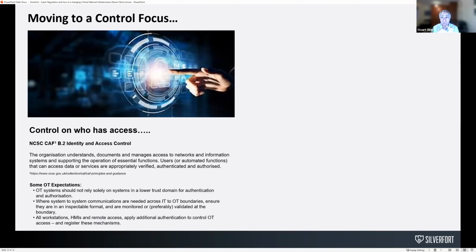In addition, key workstations, HMIs, applications, and system processes would ideally have additional controls such as multi-factor authentication to access. Questions will get raised around third-party access, potentially through the use of privileged access workstations, the use of enterprise directories, and how the whole system could work in island mode.